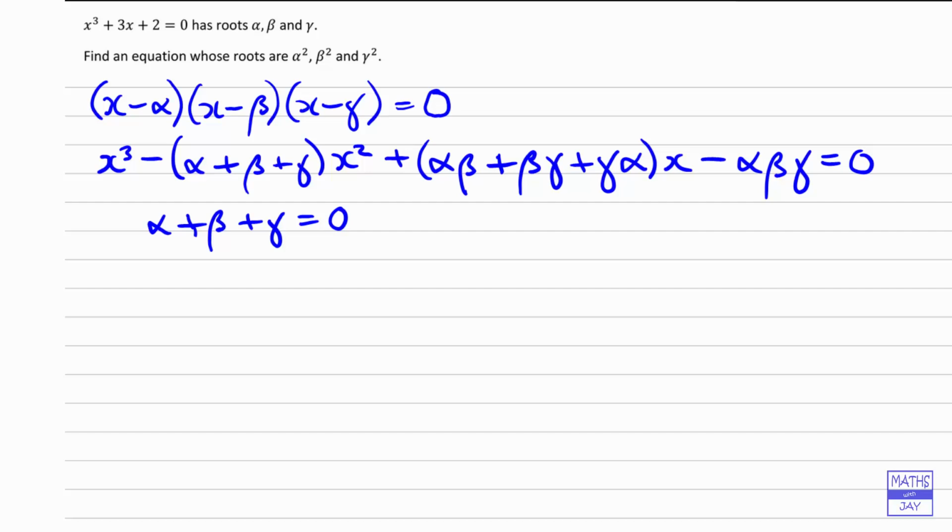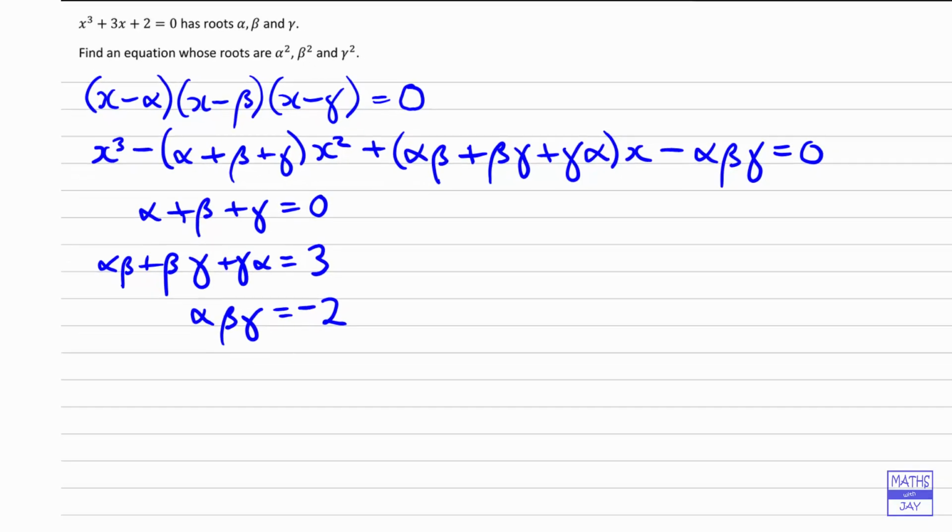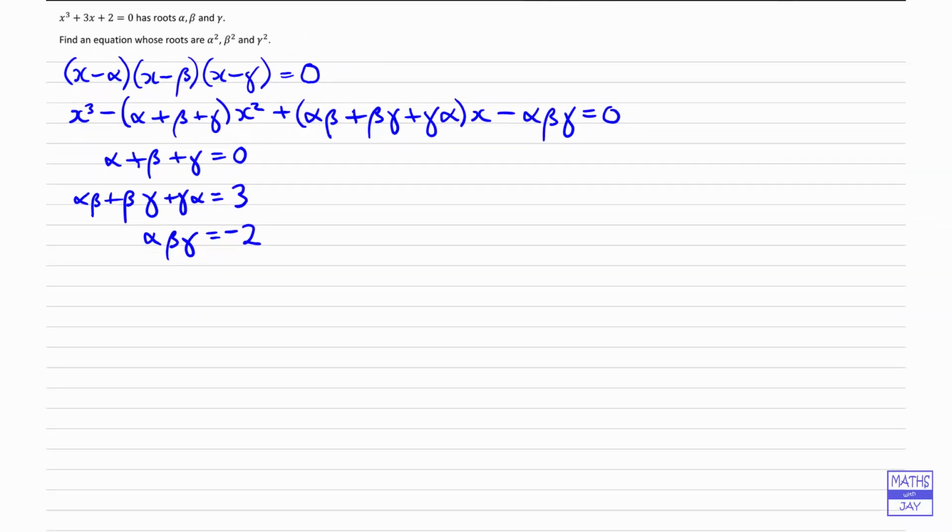If we look at the x term, then we've got alpha beta plus beta gamma plus gamma alpha is equal to, and this time we're looking at the x term in the original equation, so we can see that that's equal to 3. And finally the constant term, we've got minus alpha beta gamma must be the same as 2, so alpha beta gamma is minus 2. So we know all that from the information given in the question. So let's just move that to one side.